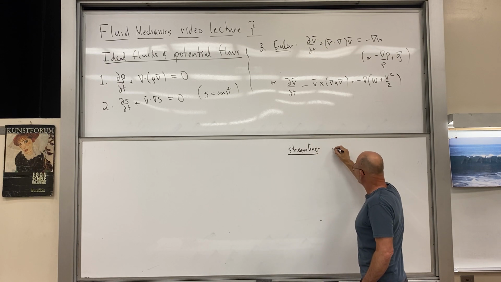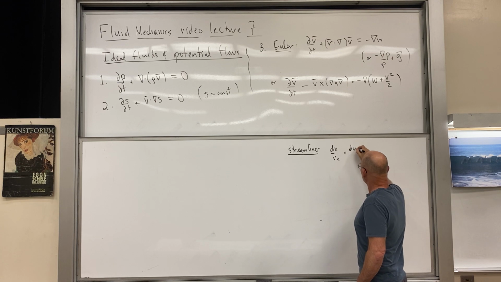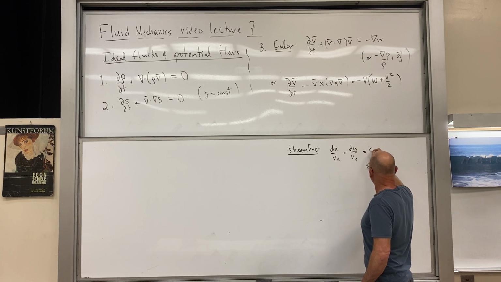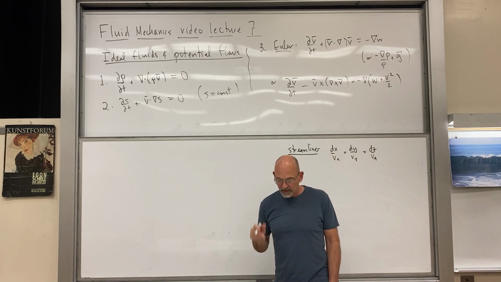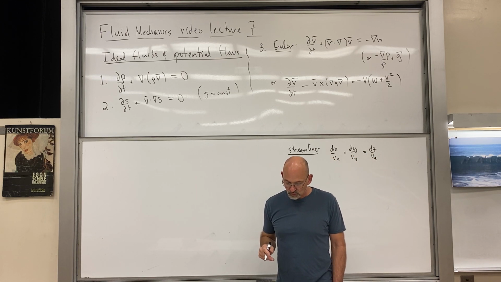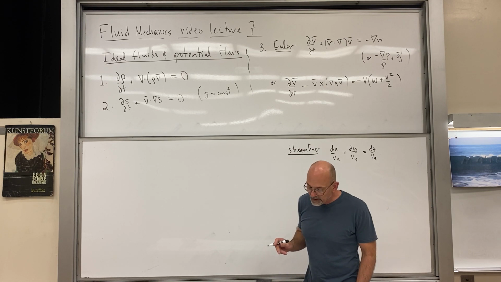This was dx over vx, dy over vy, dz over vz, which just simply defines a streamline. And we had Bernoulli.